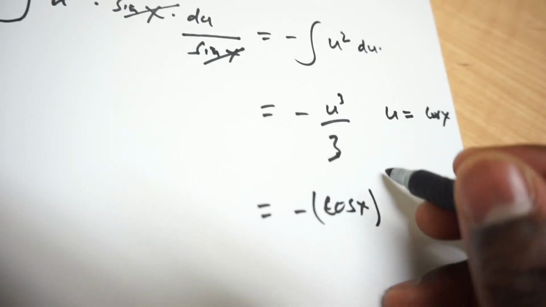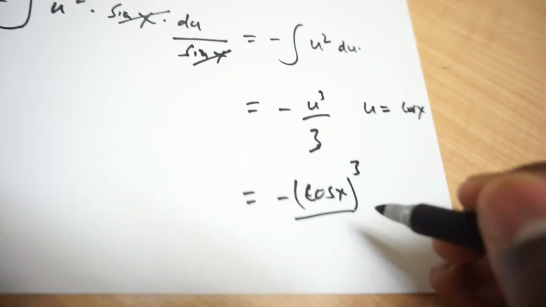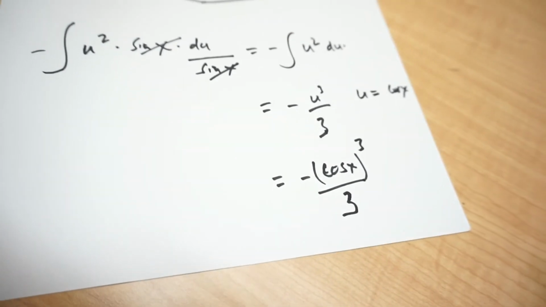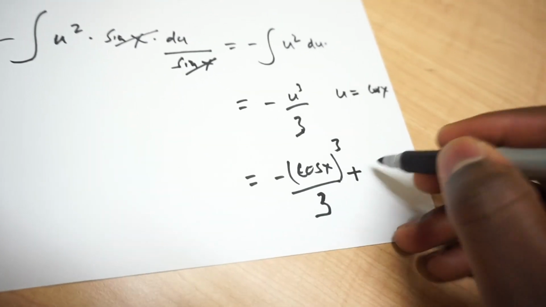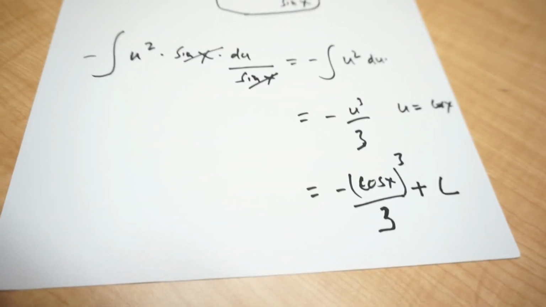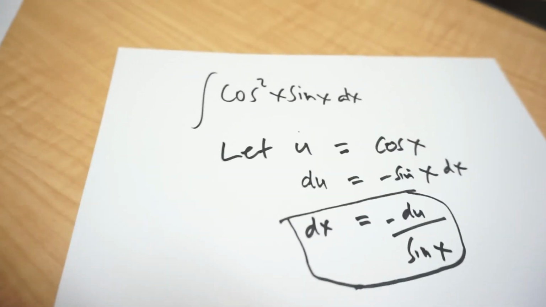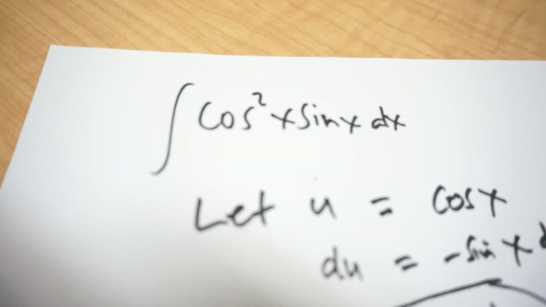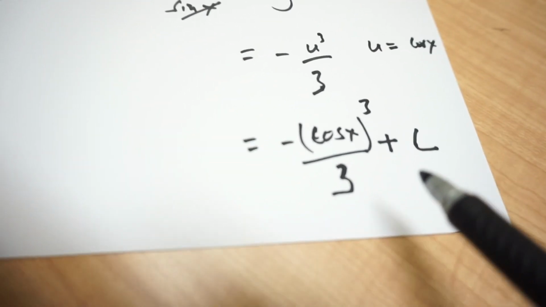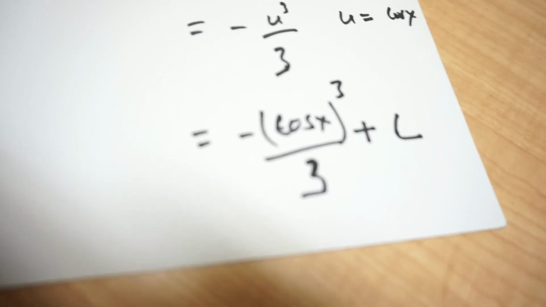So you're gonna cube this, and then 3 down here, okay? Plus a constant of integration. Always remember that, okay? If you do not have limits, like the question we have right now does not have limits, always remember to put in the constant of integration at the very end, okay?